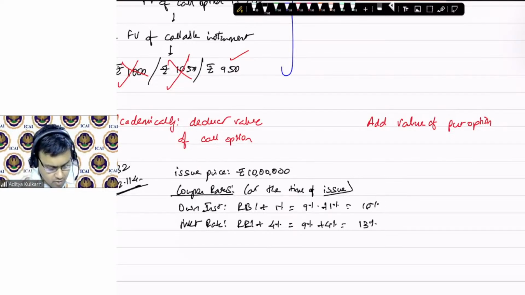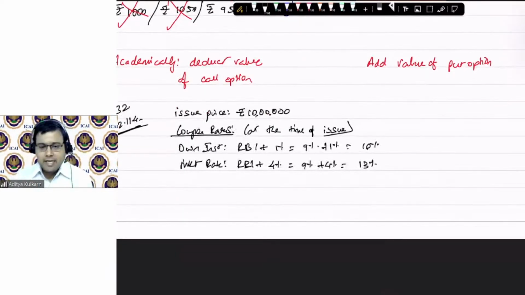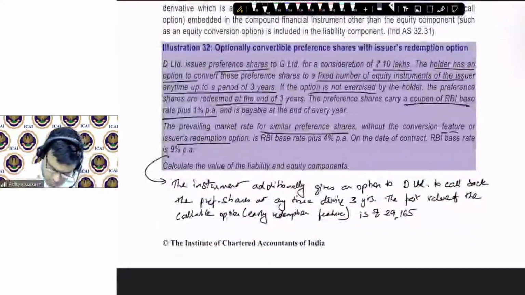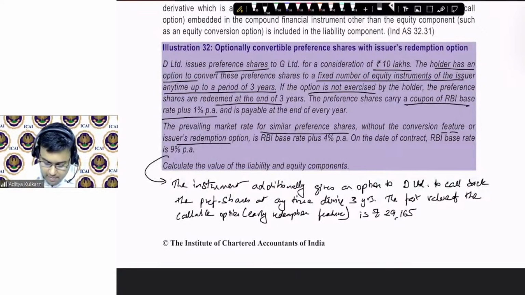Let us now proceed with the working. Liability component of preference shares is equal to 10 lakhs consideration, carrying a coupon rate of RBI plus 1%, that is 10% in our case.